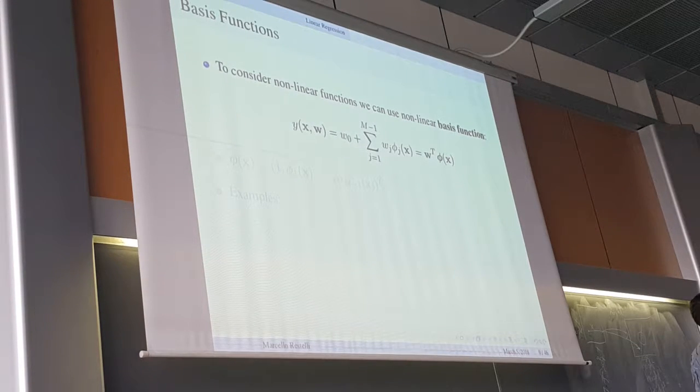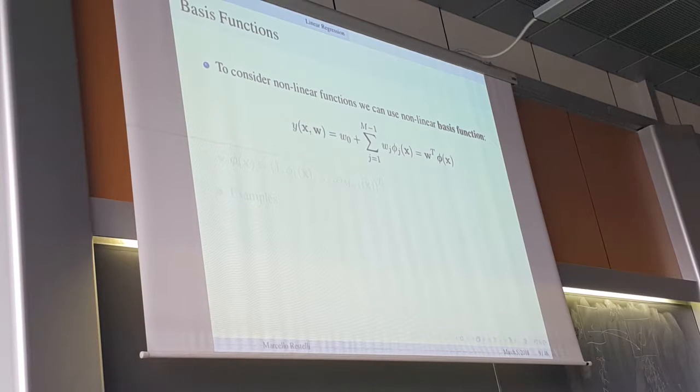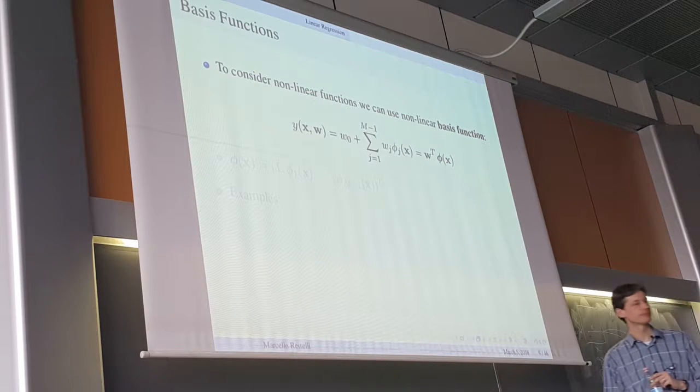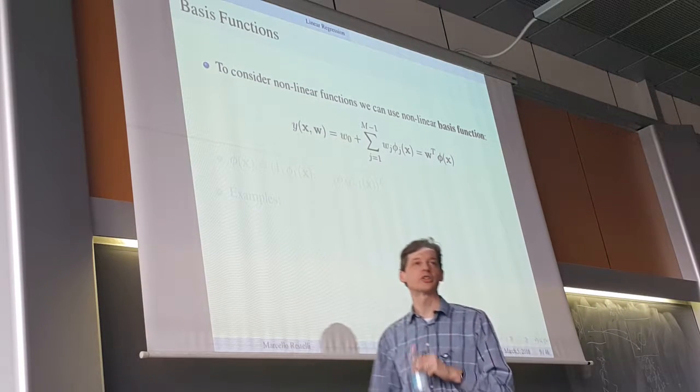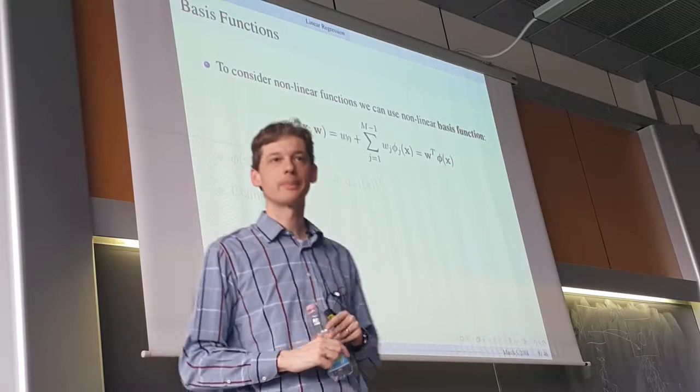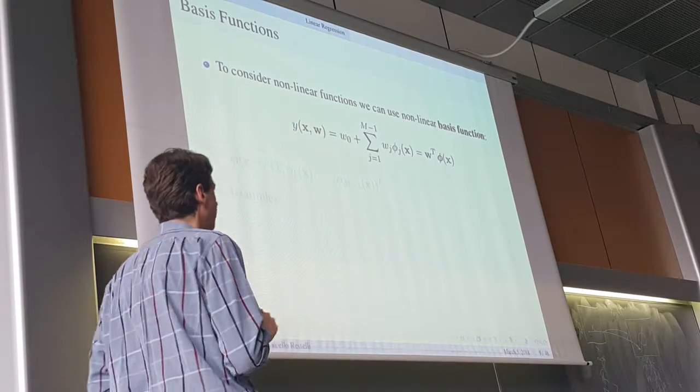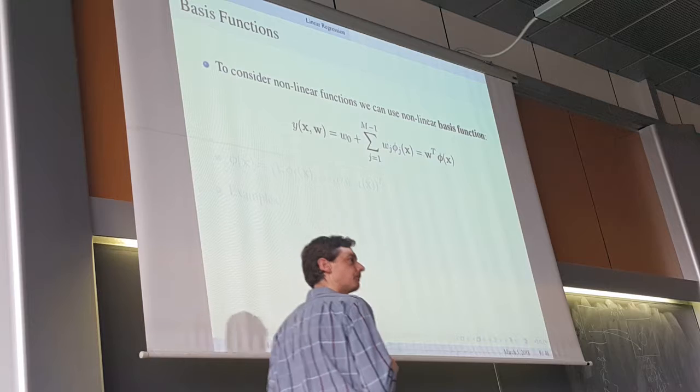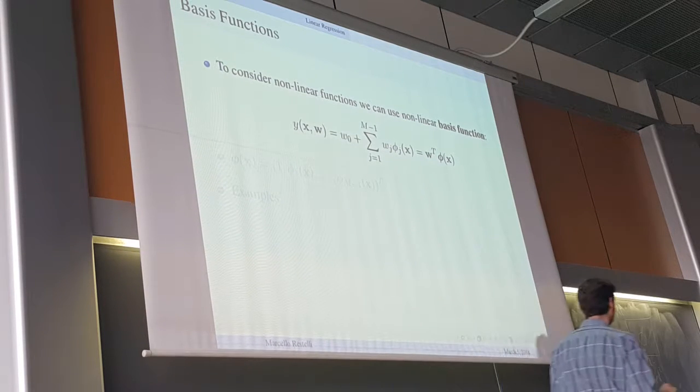Remember, because the input space has size 2, but the d was the number of parameters. So you have also the parameter of the intercept. So d is equal to 3, while here m is equal to 6. Okay? Because there is also the parameter w0 that you have to consider.